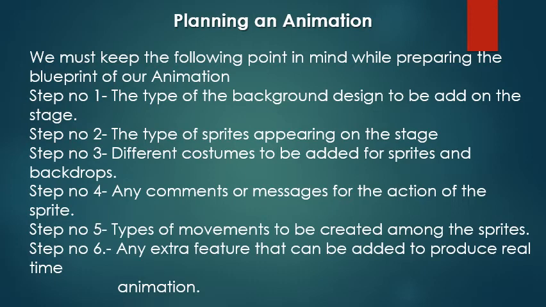Next is type of the movement to be created among the sprite. Different types of movements are available. You just choose that movement. Next is if any extra feature can be added to produce a real-time animation. If you want to add any extra feature, you add the extra feature for the animation.